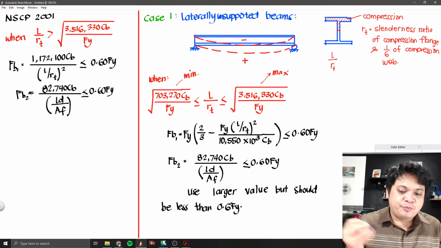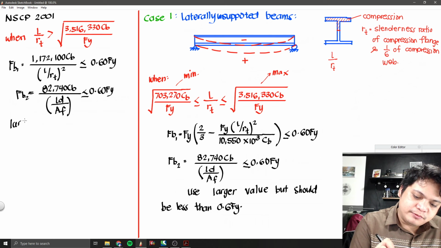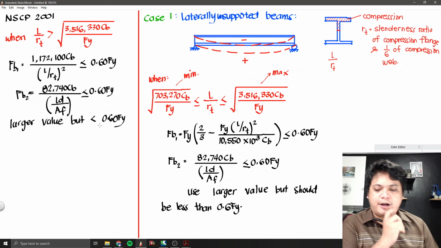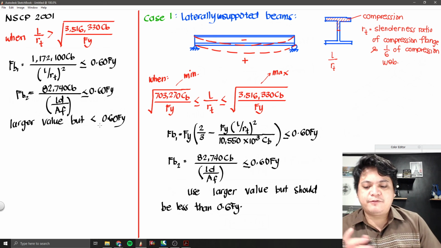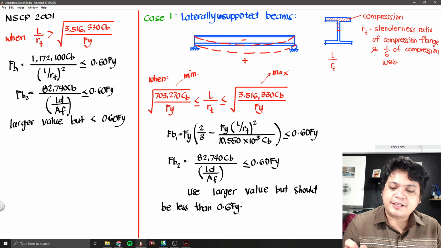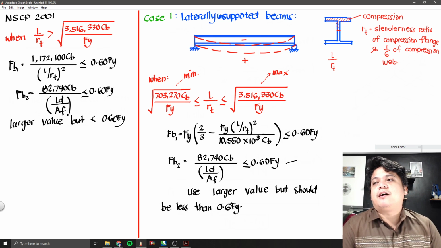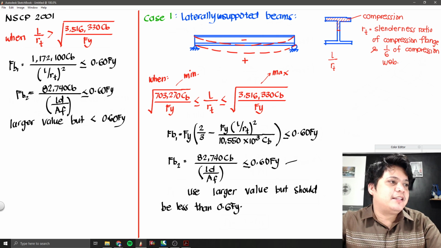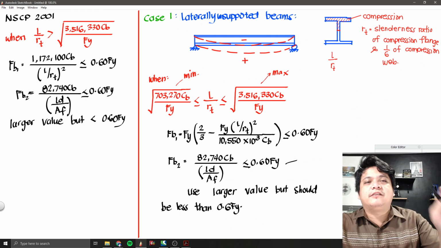You may use the larger value, but less than 0.6 of Fy. In any case, for example when L over RT is lower than the minimum, only FB2 is what you will use. So that is the second criteria for this one.